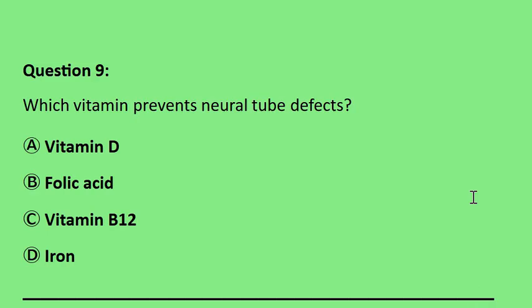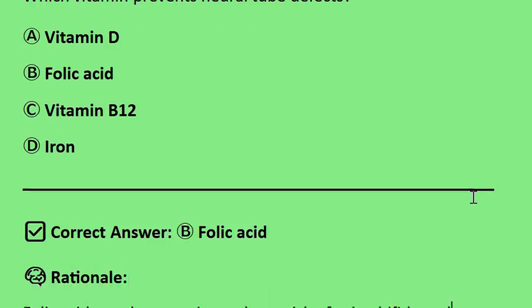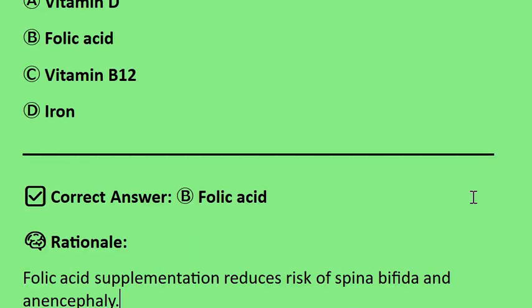Either you are going to give the NCLEX exam, Prometric exam, CBT exam, DHA, MOH, DOH, HAD, Oman Medical Specialty Board exam, or Saudi Nursing Licensing exam, these are the most important questions you will definitely see on your exam day. So in this situation, the correct answer is option B, folic acid. The rationale is folic acid supplementation reduces risk of spina bifida and anencephaly.